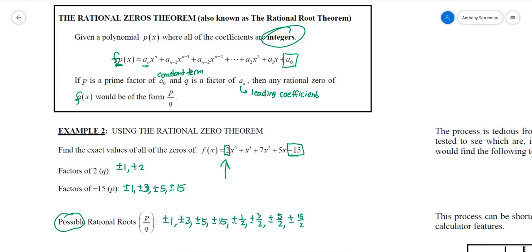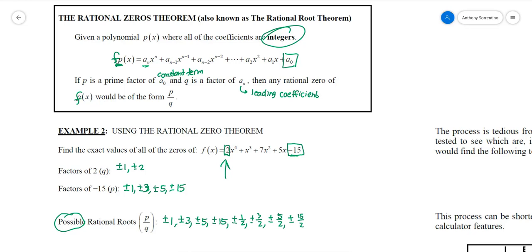I also could reduce it and say, the integers should be factors of 15. So if I ask, is 12 going to be a possible answer? Well, no. If the graph is passing through at 12, I don't expect that to be an answer. It's going to be 12 point something or other, and it's probably going to be irrational.